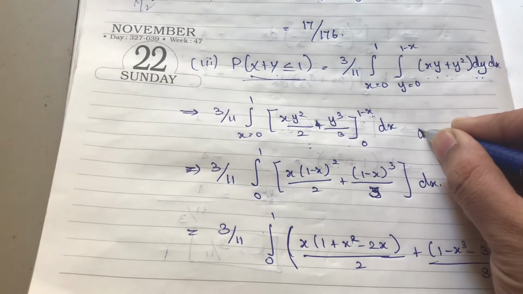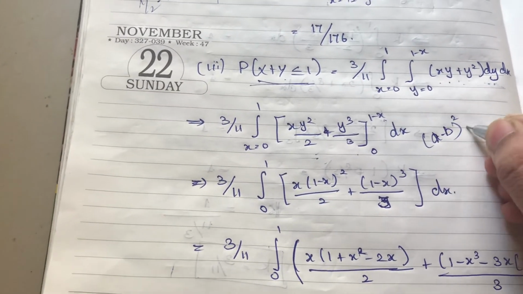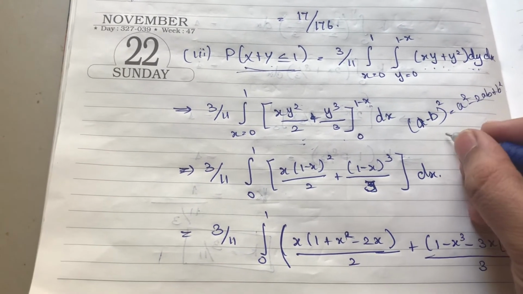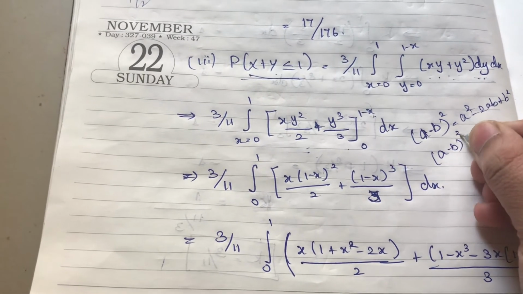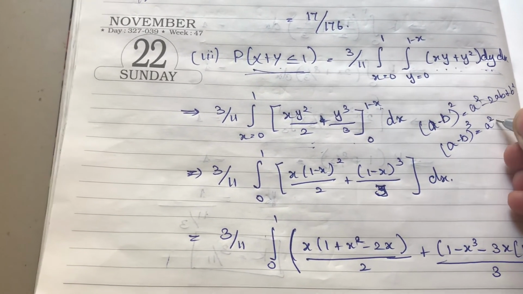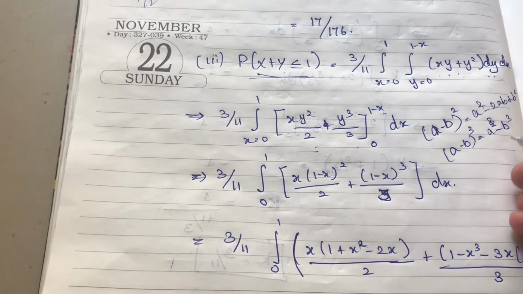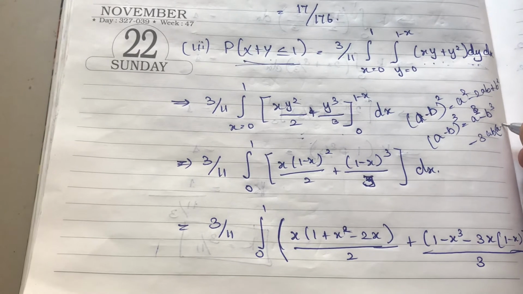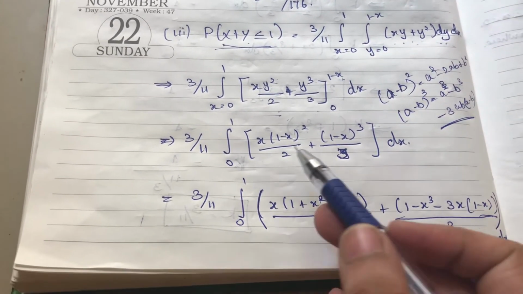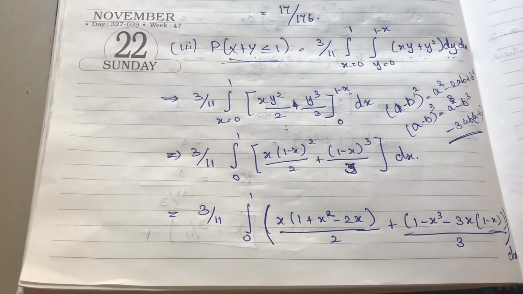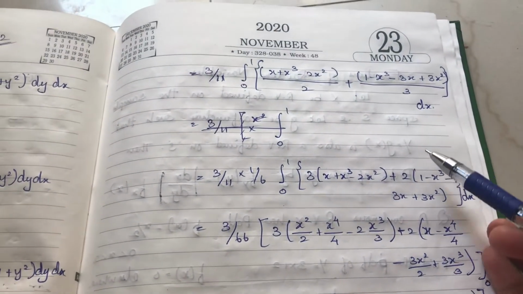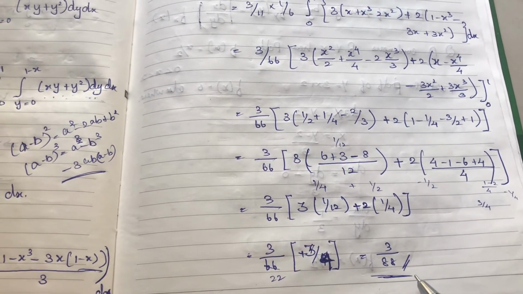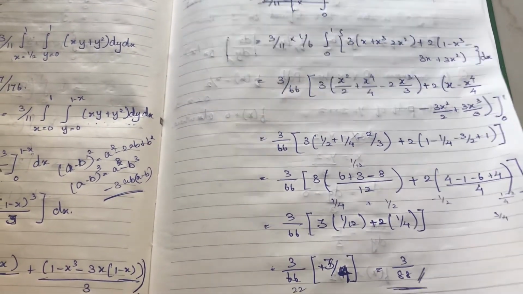You know a minus b the whole square equals a square minus 2ab plus b square, and a minus b the whole cube equals a cube minus b cube minus 3ab into a minus b. So this is the formula here. I substitute all the formulas and simplify it one by one, and you will get the term at last, 3 by 88. This is the answer.